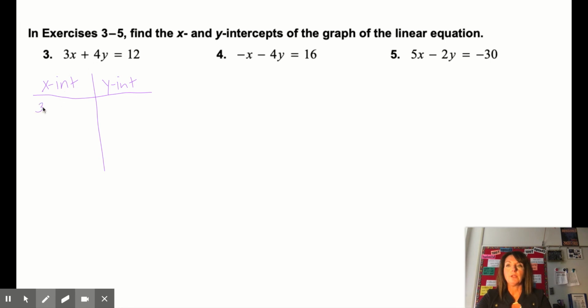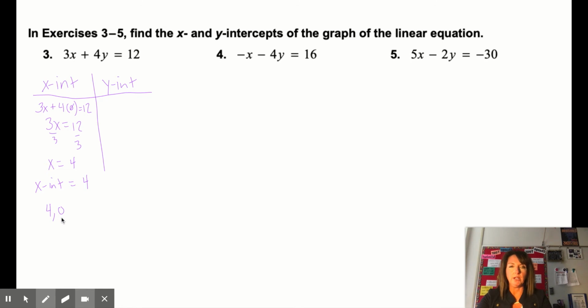So you have 3x plus 4 times 0 equals 12. So you're solving 3x equals 12, dividing by 3, and you get x is equal to 4. And this is the x-intercept, right? It's represented by, because the y was 0, (4, 0).